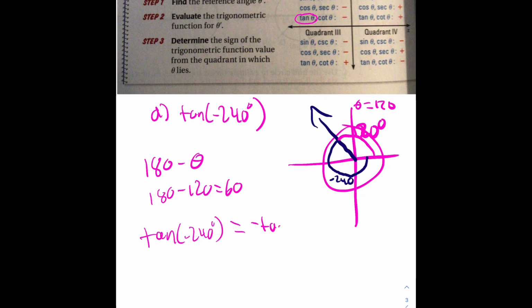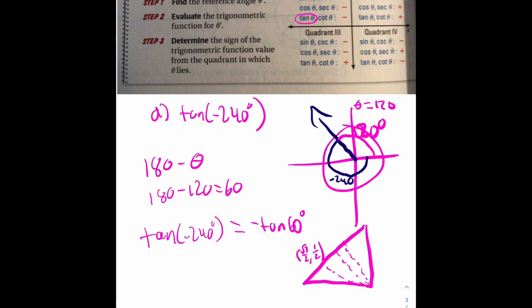is equal to negative tangent 60 degrees, which if I think about how my unit circle works, okay, so again, I'd have 30 degrees, 45 degrees, 60 degrees. My x is going to be square root 3 over 2.